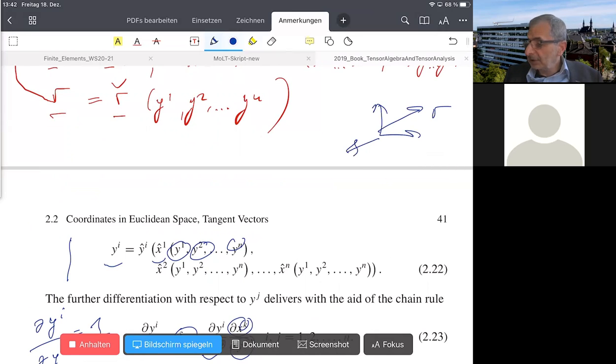So this is my x1, x2, x3, these are Cartesian, or I can represent r in cylindrical coordinates. It will be my coordinate y, right?